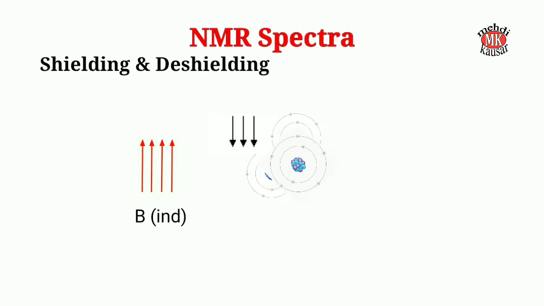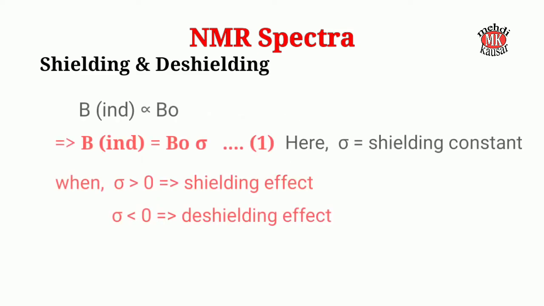The magnitude of the induced magnetic field is directly proportional to the applied field. Therefore, B induced is proportional to B0, or B induced equal to B0 into sigma, where B0 is the applied field strength in Tesla. Here, sigma is a constant known as the shielding constant.